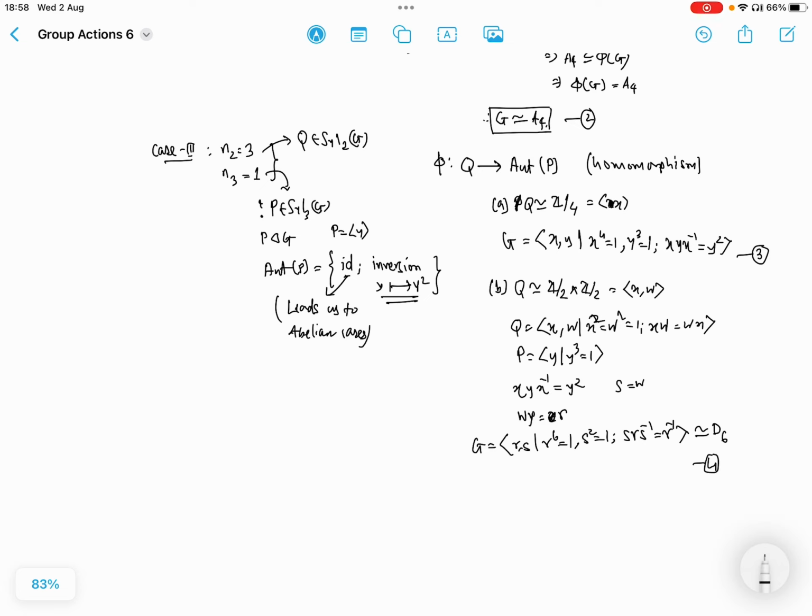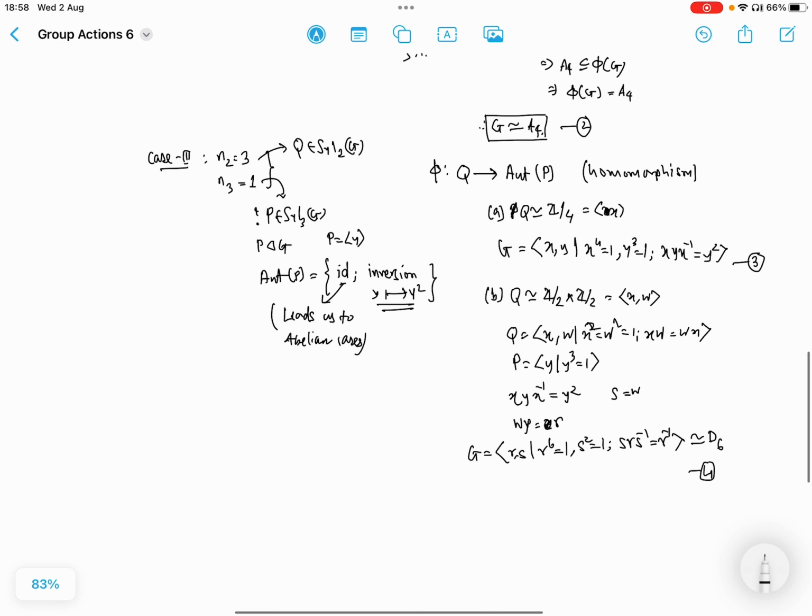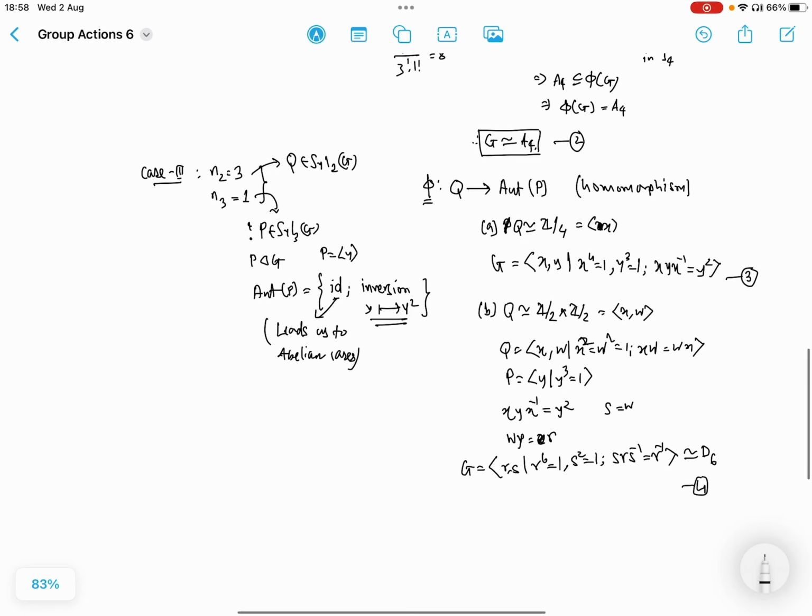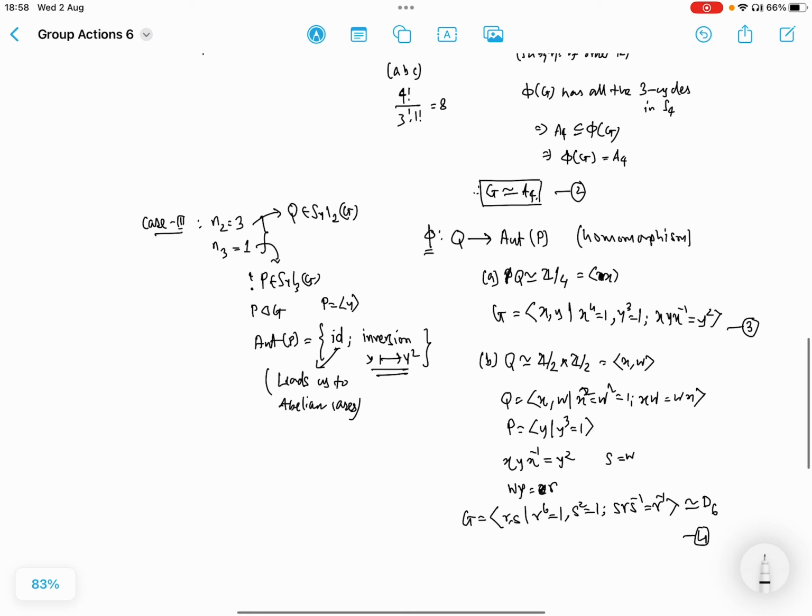And these are all the groups, right? Because there are only these many possibilities for the homomorphism. So eventually we get a total of five groups of order 12 by just using the semi-direct product carefully and the three theorems of Sylow.